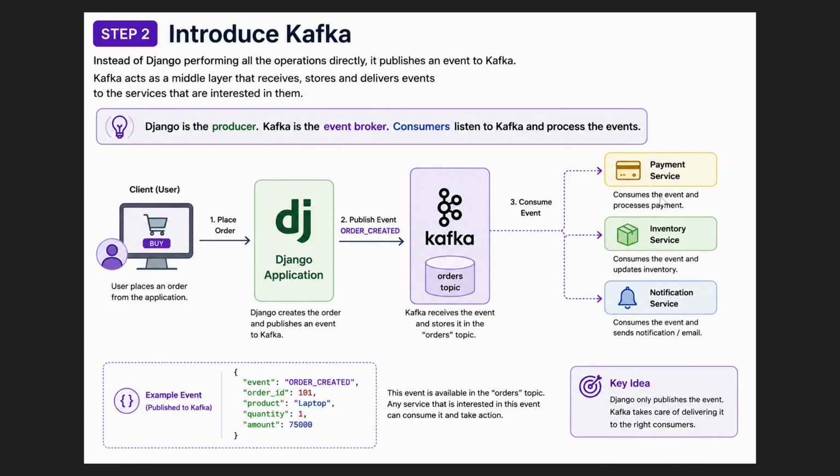Here we have payment, inventory, and notification, and all these consumers can independently react to the same event. The same event is received: this service will process the payment, this service will update the inventory, and for the same event another will send the notification or email.